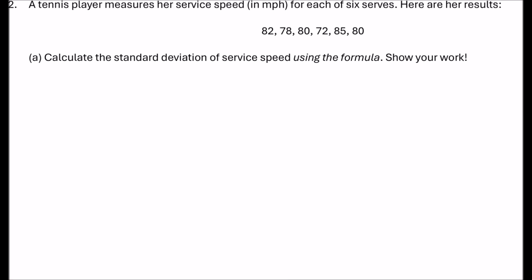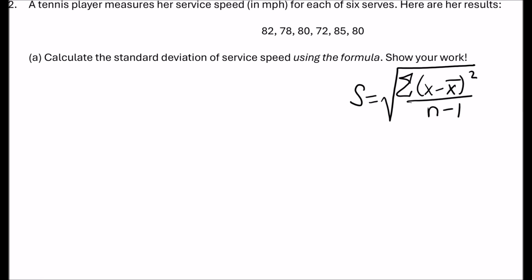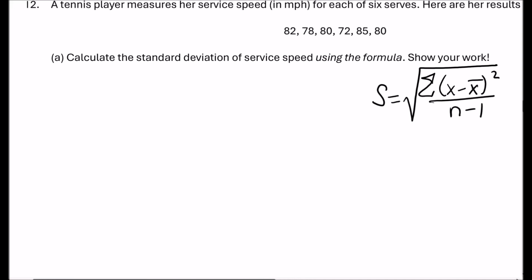The formula for standard deviation is the square root of the sum of x minus mu, or x minus x bar, squared, divided by n minus 1. The x bar is your average, and n is how many serves you have. There are 6 serves, so here n is equal to 6.